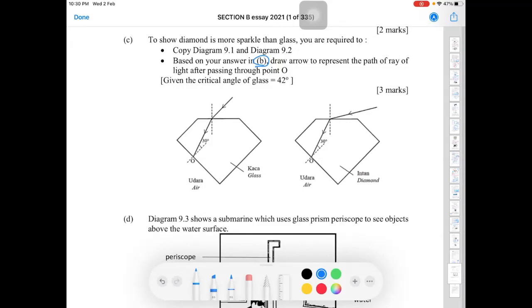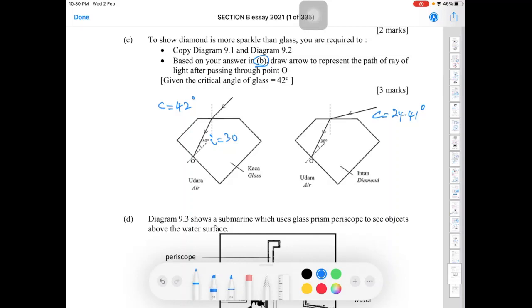Jadi apa yang you perlu buat? Jadi you kena tahu dulu critical angle of glass sekarang dia dah bagi dah. The C sini adalah 42 degree. Di sini kamu dah kira tadi your C is 24.41 degree. Jadi sekarang you punya incident angle sama dengan 30.